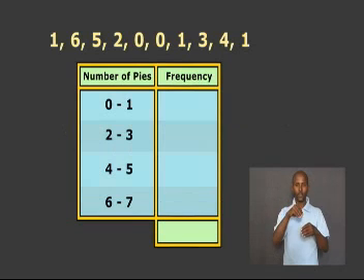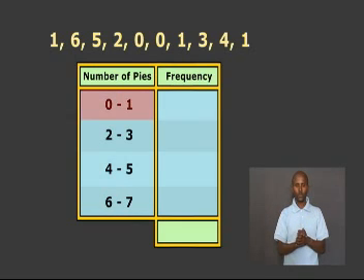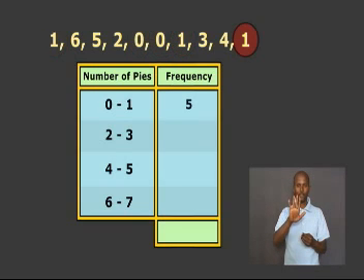The data can be put into groups: 0 to 1, 2 to 3, 4 to 5, and 6 to 7. These are all groups. How many pies has John eaten 0 to 1 times? We can count them. 1, 2, 3, 4, 5. 5 is the frequency for the group 0 to 1.